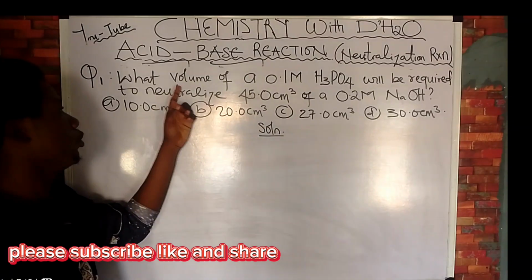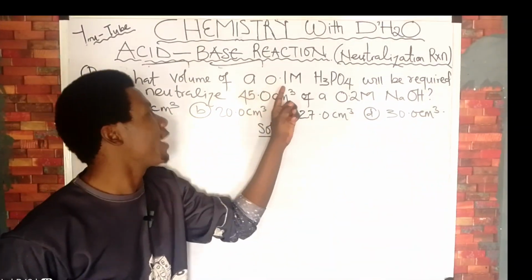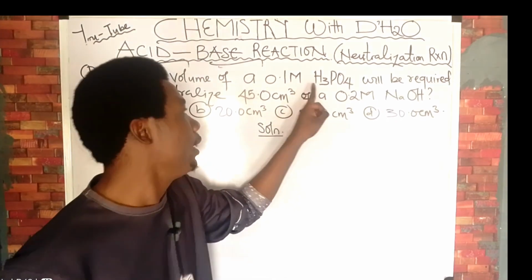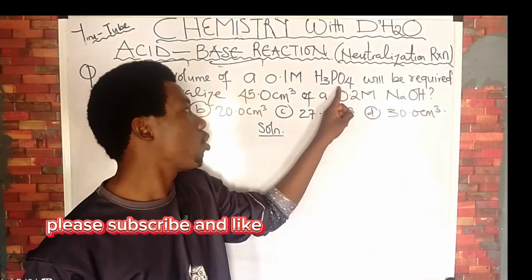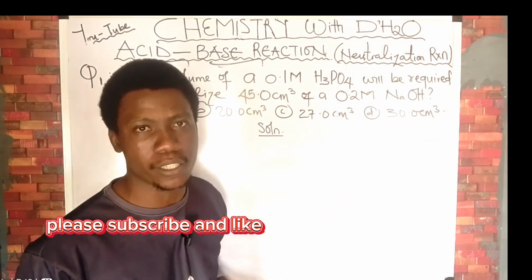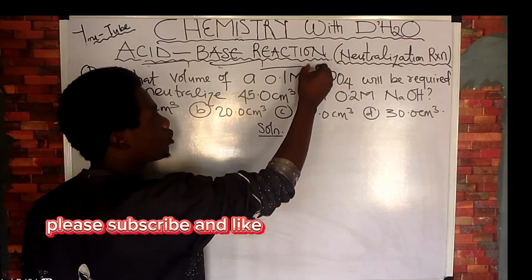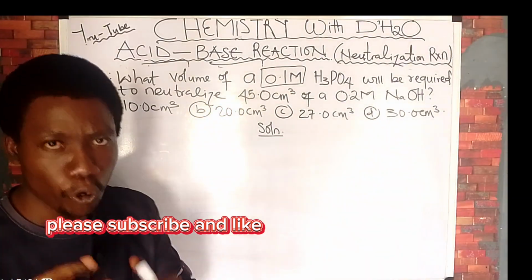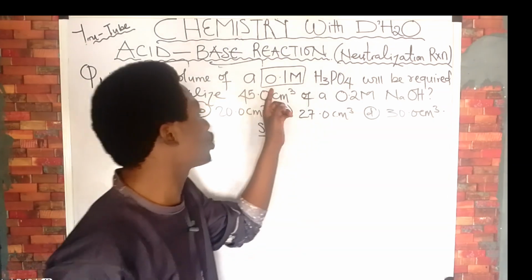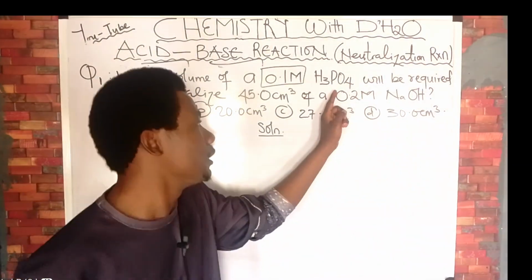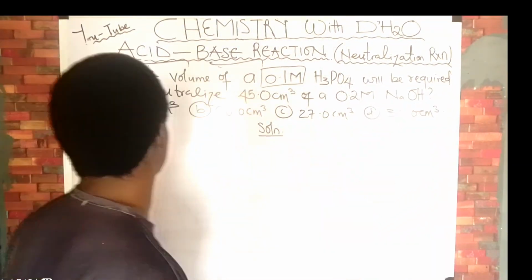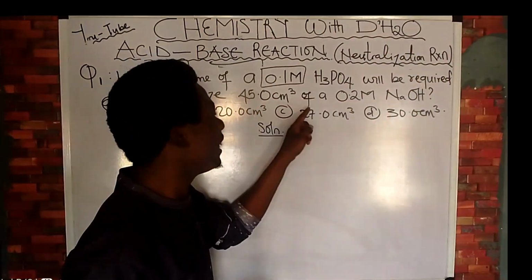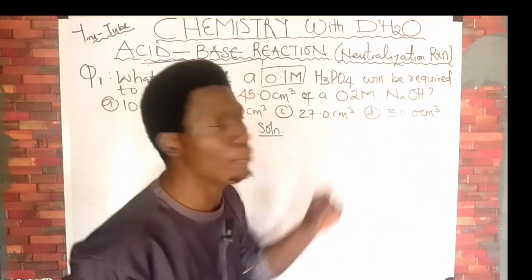Question: what volume of a 0.1 molarity, that's concentration in mole per dm cube, H3PO4, this is the acid, called tetraoxophosphate 5 acid, if this is the concentration of the acid, what volume of the acid having this concentration will be required to neutralize 45 cm cube of a 0.2 molarity sodium hydroxide?